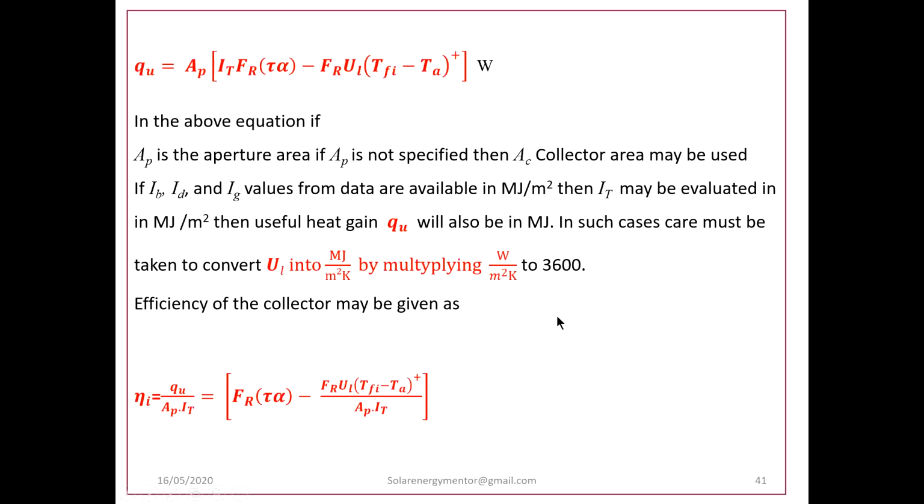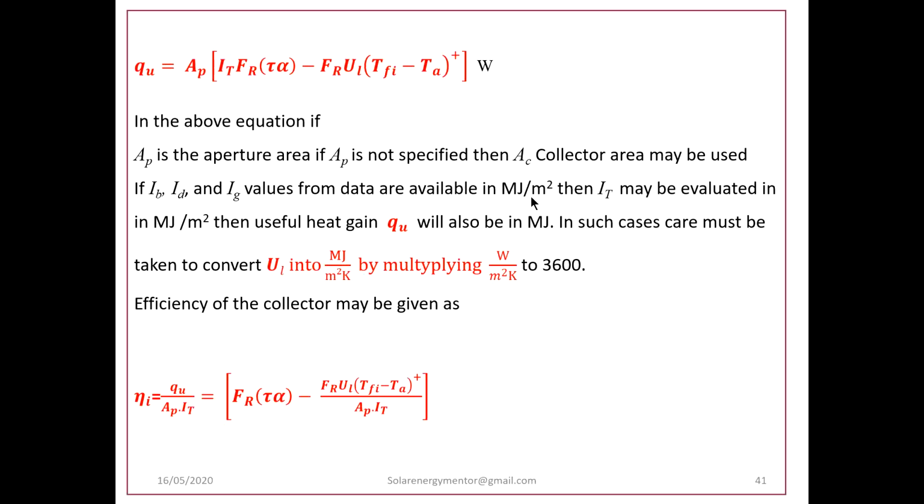Now if beam radiation, diffuse radiation and global radiation values are available in megajoule per meter square, we have seen in our previous presentations that IB, ID and IG values are generally available in megajoule per meter square. So meteorological data gives those figures in megajoule per meter square.